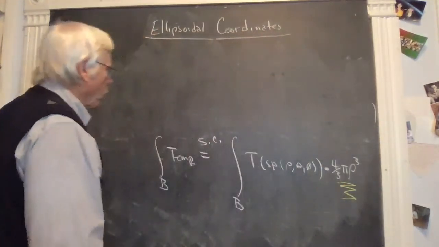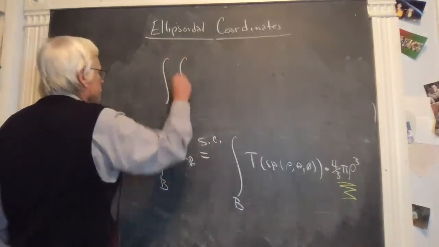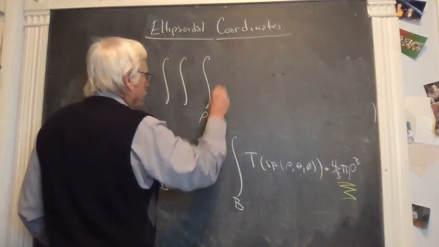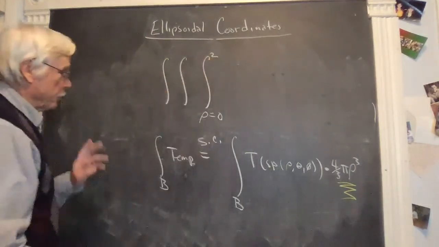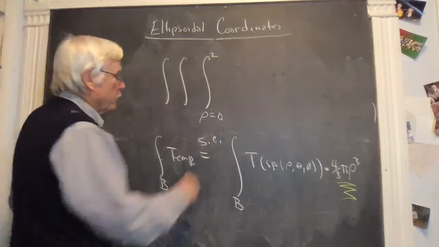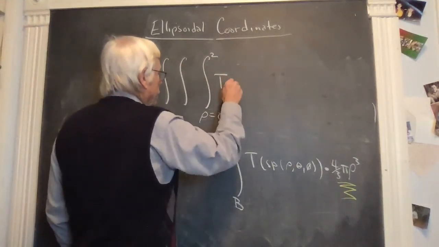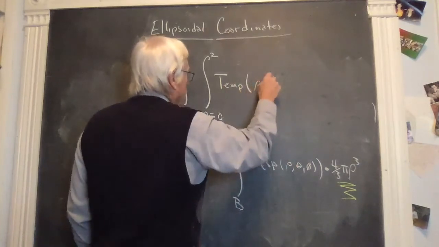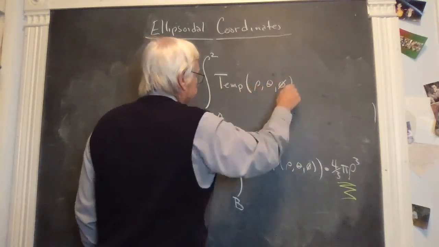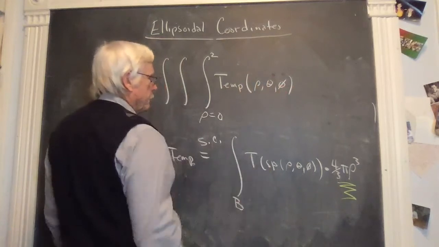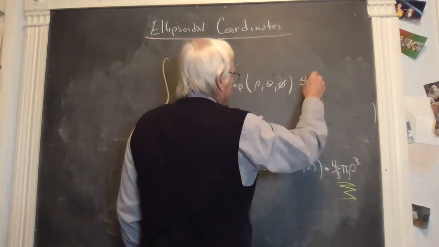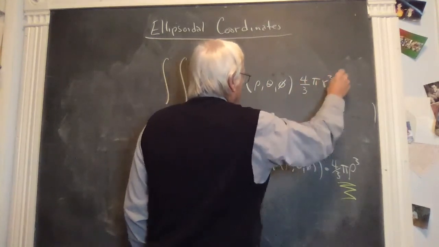Since it's over the ball of radius 2, rho will go from 0 to 2, meaning you take the temperature and you plug in rho, theta, and phi using spherical coordinates, times 4/3 pi r cubed.